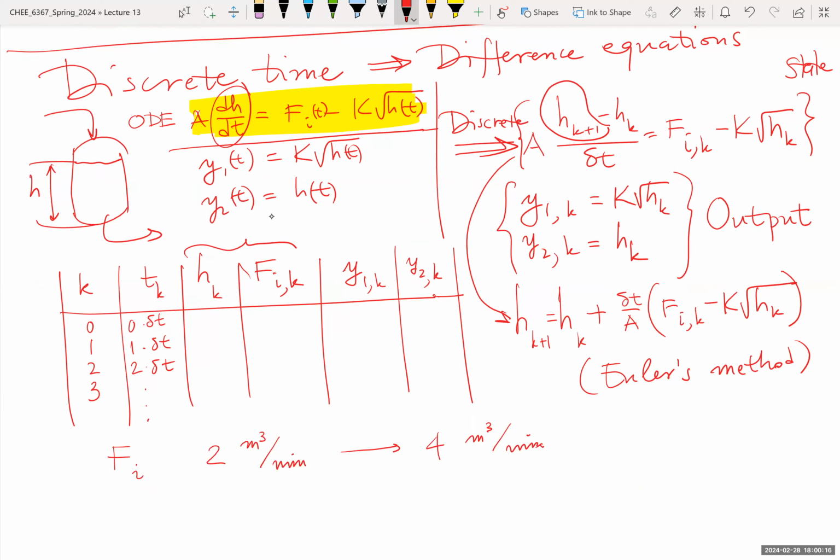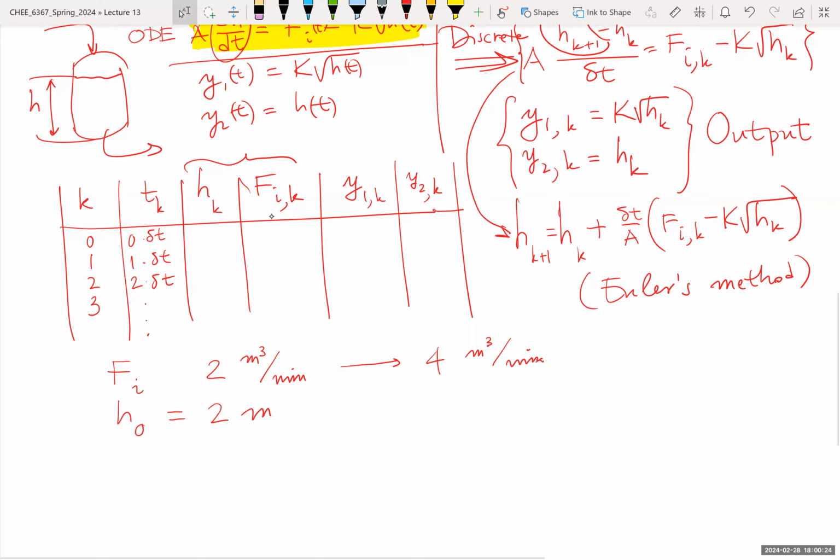Let's say that H initially was at 2 meters. So let's say that K, the time constant, is 1 with corresponding units. You can figure those out. So let's put this into our equation.